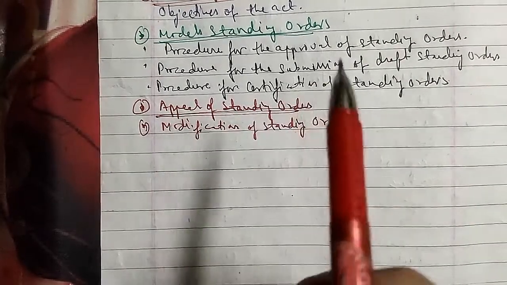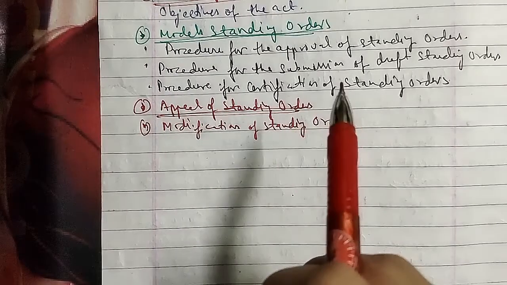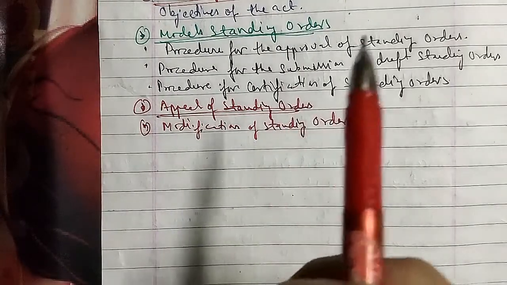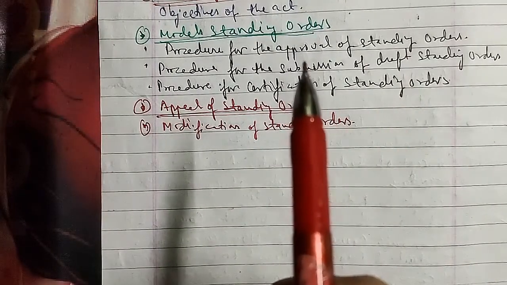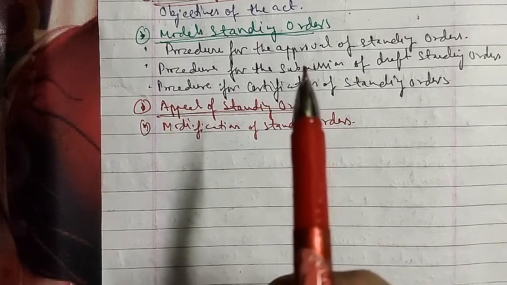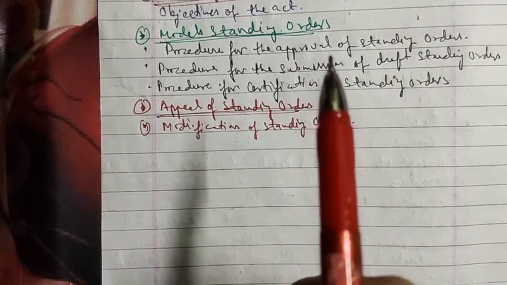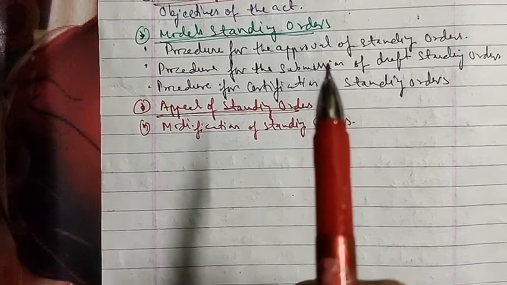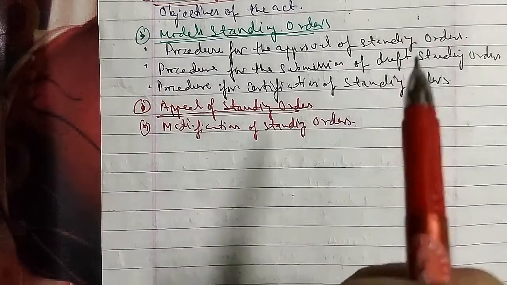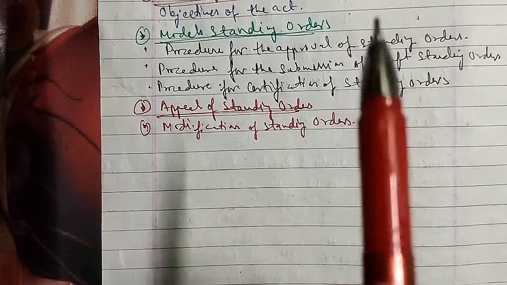Subject to the provisions of the subsections, the employer or the workmen, or the trade union or other representative body of the workmen, may apply to the certifying officer to have the standing orders modified, and such application shall be accompanied by 5 copies of the modification proposed to be made as well.